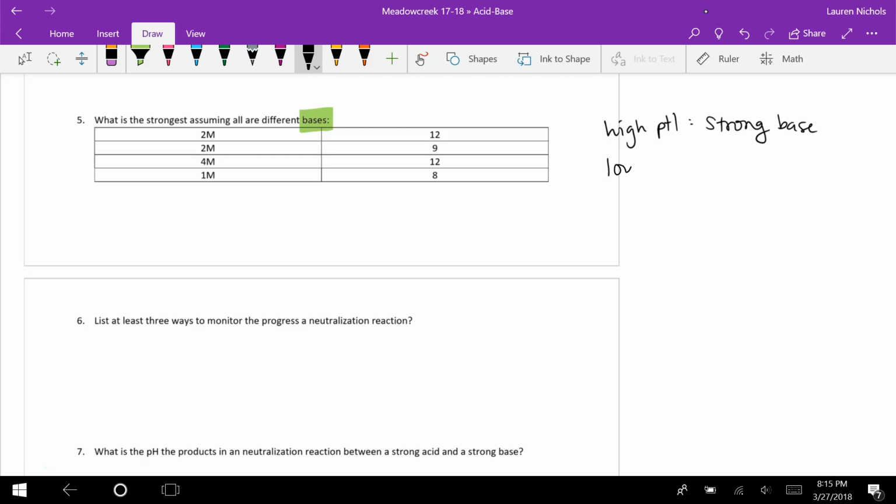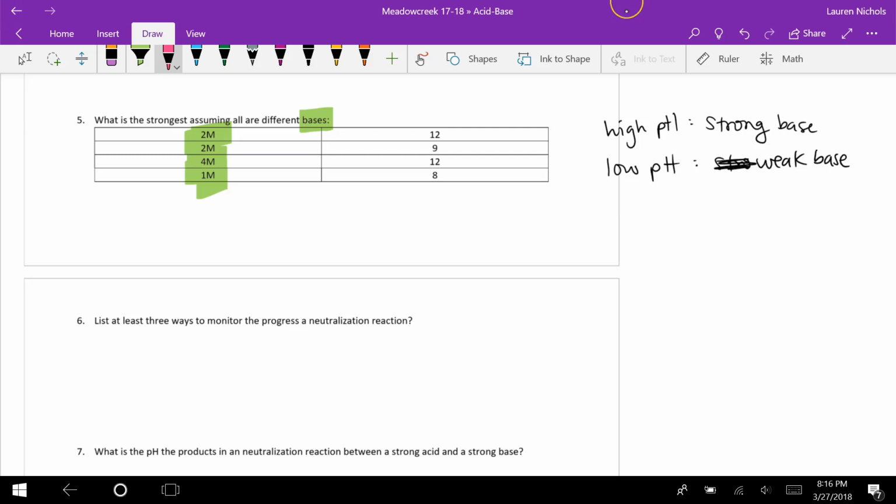And a low pH is an indicator of a weak base, okay? But one thing to keep in mind is that strength and its pH is dependent on concentration, which is what we see in this column here, right? We see our molarities. Now, our concentration is determined by how much it dissociates.